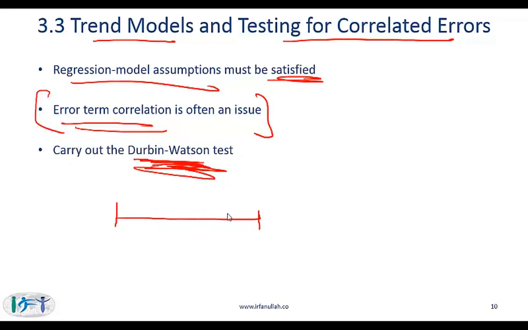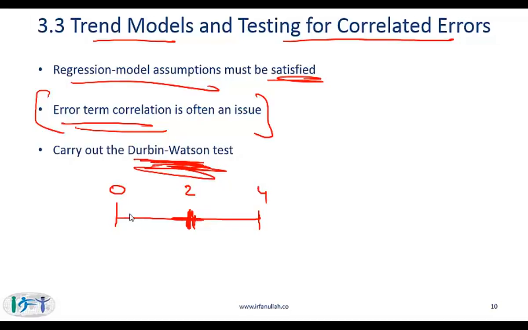The Durbin-Watson stat ranges between 0 and 4. And this middle value or hypothesized value is 2. If you calculate your Durbin-Watson stat, and the previous lecture covers how to do that, and your Durbin-Watson stat is somewhere around 2, then you don't have a problem.